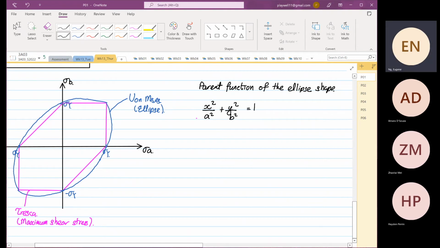Okay, so this is the parent function of an ellipse.